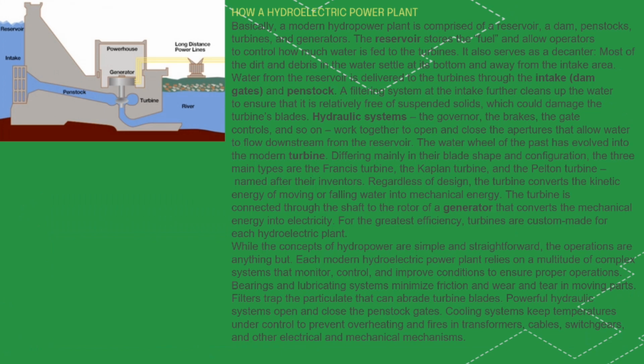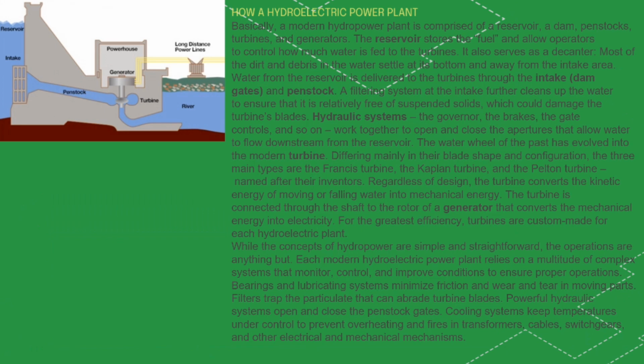For the greatest efficiency, turbines are custom-made for each hydroelectric plant. While the concept of hydropower is simple and straightforward, the operations are anything but. Each modern hydroelectric power plant relies on a multitude of complex systems that monitor, control, and improve conditions to ensure proper operation.